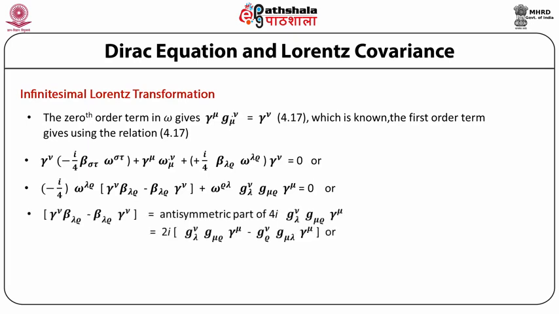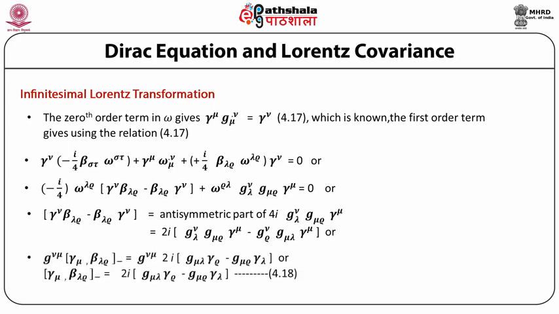And if we then solve this equation, taking the terms with omega lambda rho on one side and remembering that omega lambda rho is an antisymmetric quantity, we reach equation 4.8, which gives us the commutator of gamma mu with beta lambda rho is equal to twice i (g mu lambda gamma rho minus g mu rho gamma lambda).